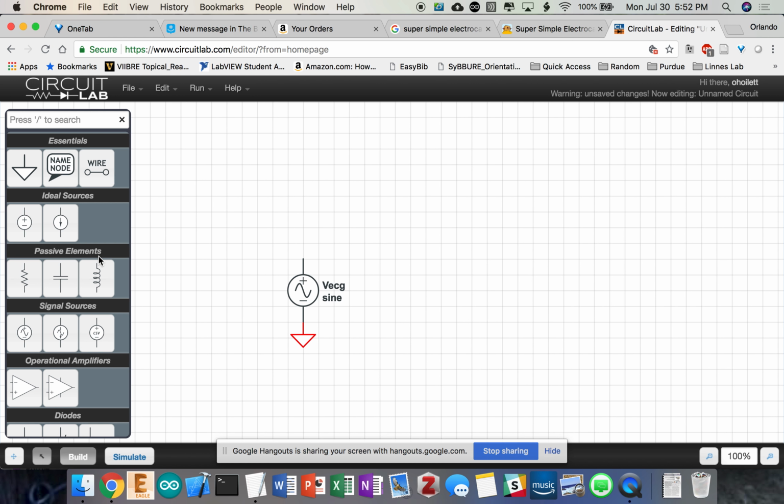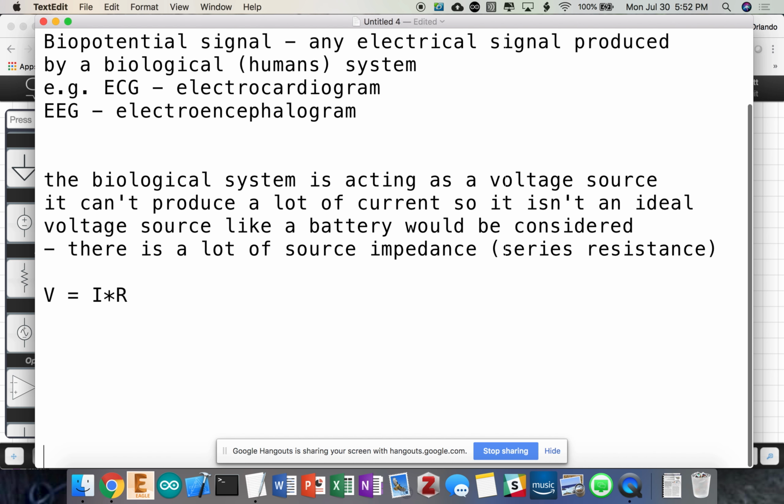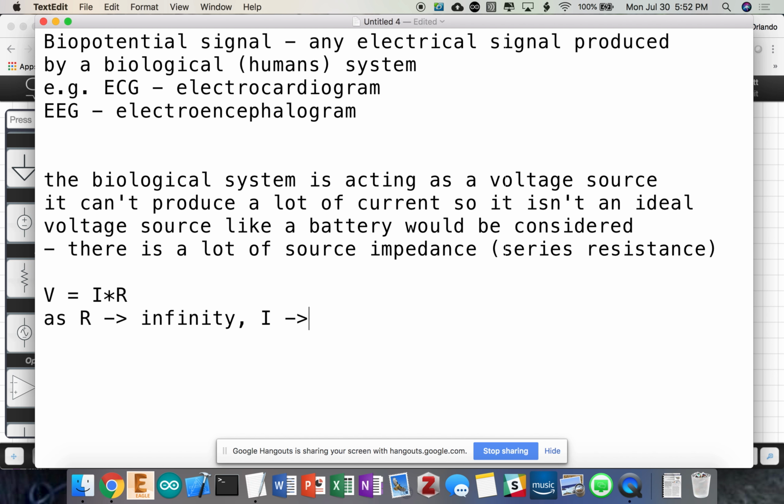So if you do your V equals IR, if R goes to 0, okay, and let's get all engineering. So as R goes to infinity, I goes to 0. Does that make sense?